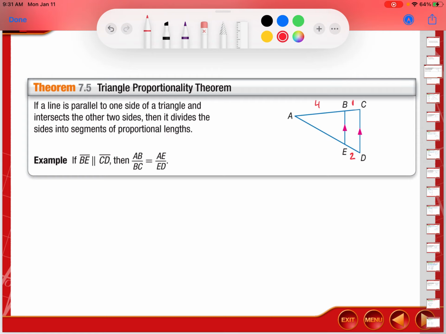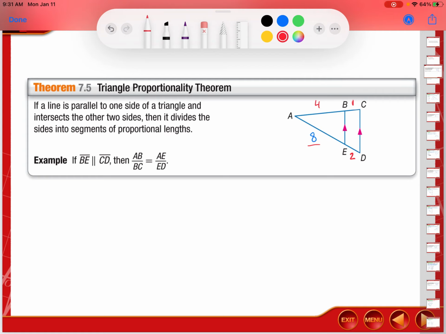So essentially what this is saying is, okay, AB is 4 times as big as BC, which means AE has to be 4 times as big as ED. So we would be able to find out that side AE would be 8. And this would be done by setting up a proportion.